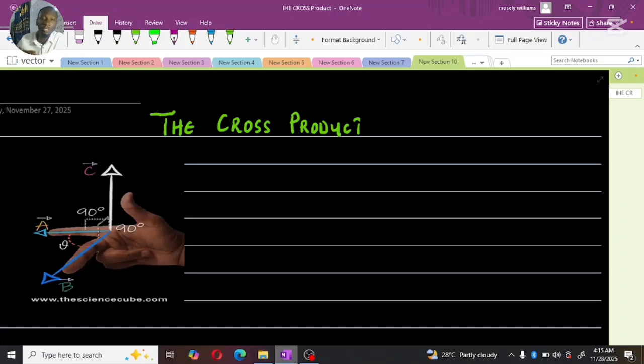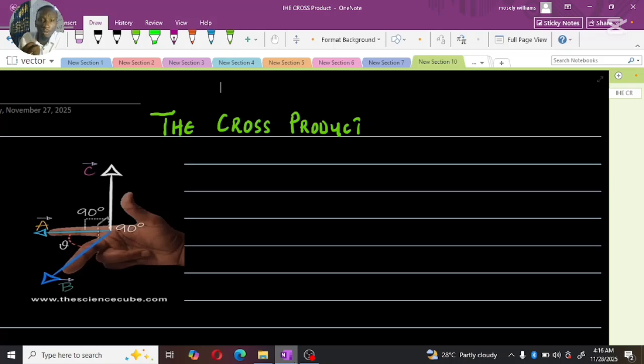Today we are going to be looking at another important concept in vector analysis, which is the cross product. You remember at our last video, we talked extensively on dot product. So when we talk about cross product now, what do we mean? When you perform a dot product, it gives you a value that is scalar.